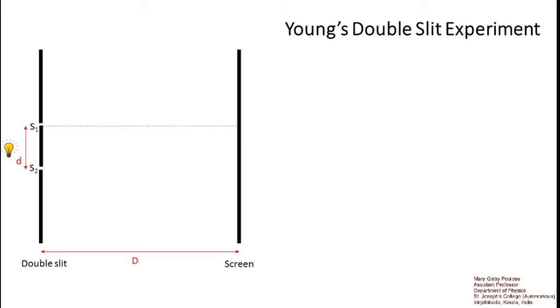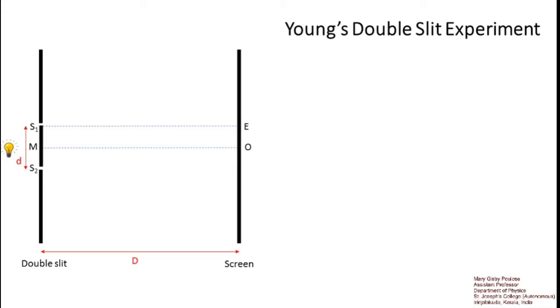Now let us draw a perpendicular from the double slits to the screen. The perpendicular from S1 will meet the screen at E, and let M be the midpoint of S1S2. Then let us draw a perpendicular from M to the screen, it will fall at O. Usually this is assigned as the optic axis.